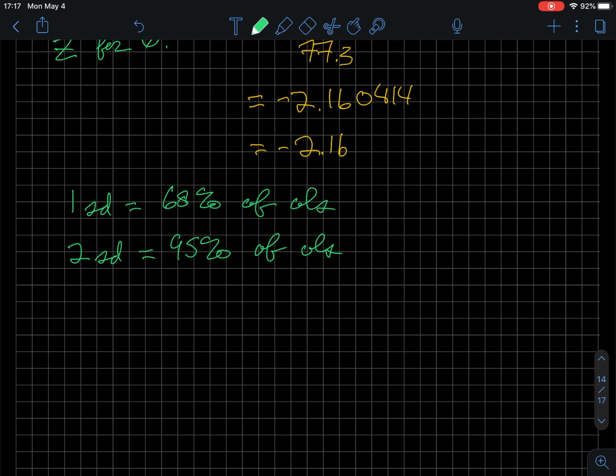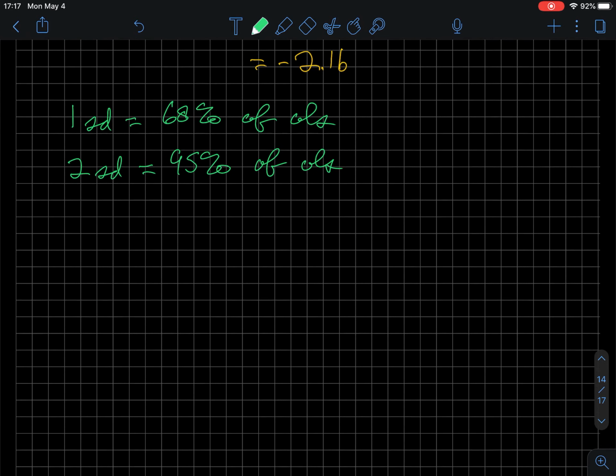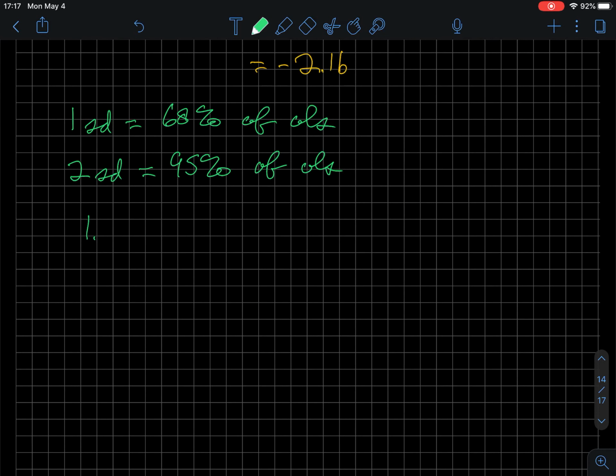So when we look at the first value, 1.1875, we can say it's mostly normal, expected. Nothing crazy. A little bit more than what we expect, but well within expectations.